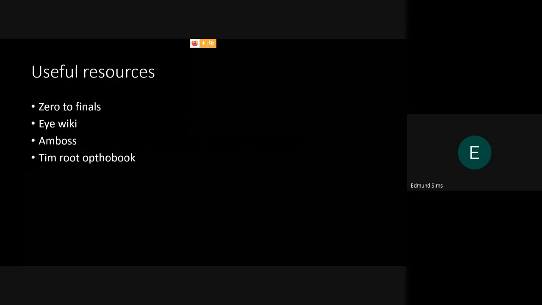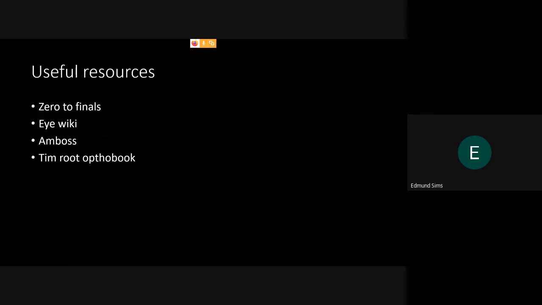Okay, so that's what's pretty much done. Some useful resources. So 0 to Finals has some really nice ophthalmology notes that's really to the point. iWiki is worth having a look at. It's quite in depth. You certainly don't need that level of detail. And then Amboss, if you've not come across Amboss, you've been missing out.